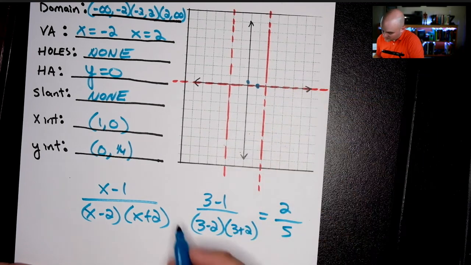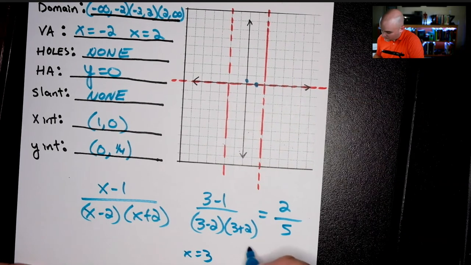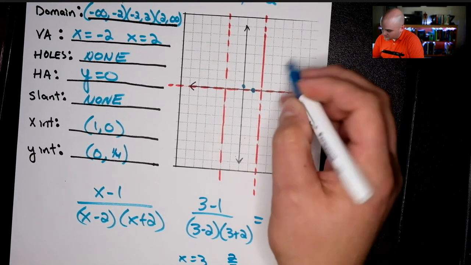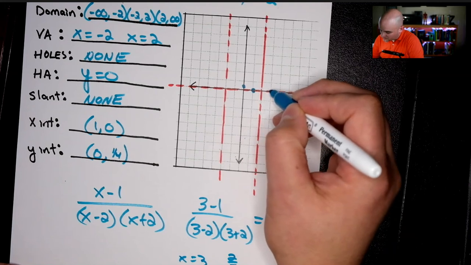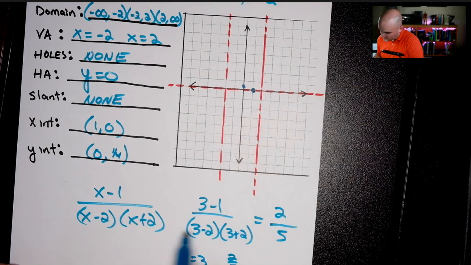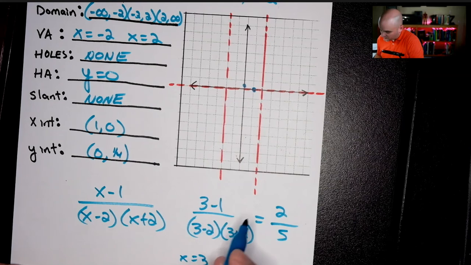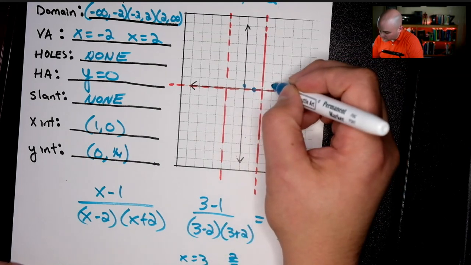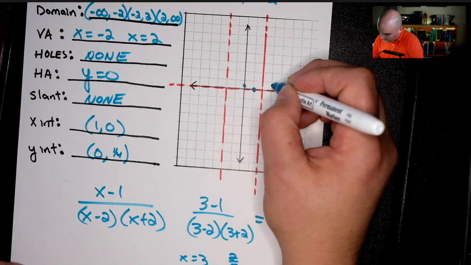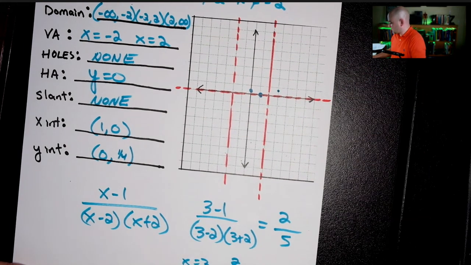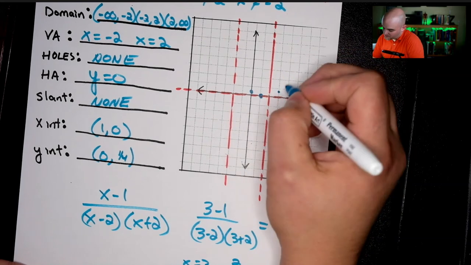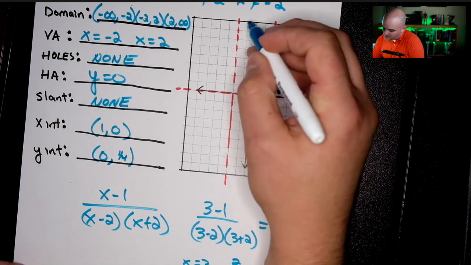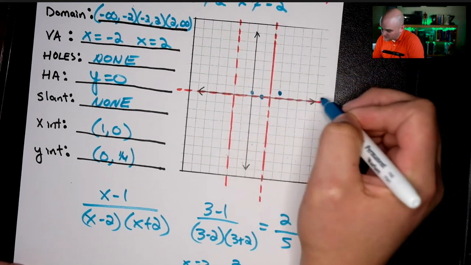So when x equals 3, y equals 2/5. 1, 2, 3. Did I get that? Let's see. 3 minus 2, 3 plus 2. When x equals 3, y equals 2/5 right here. And make sure that's right. It is right. Okay. That makes sense, because if it's bending like this, this has to bend like that.